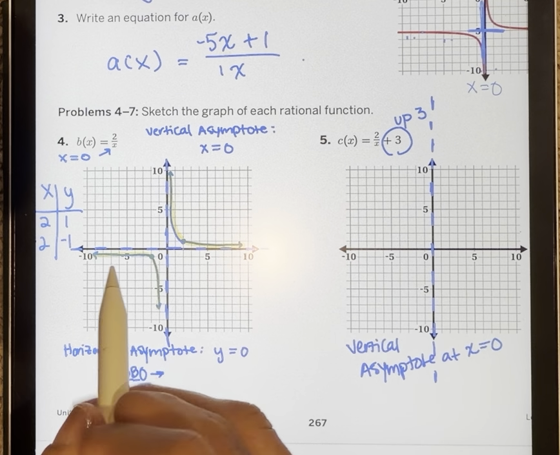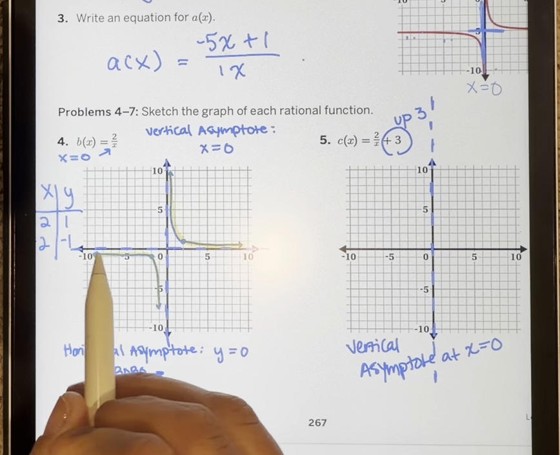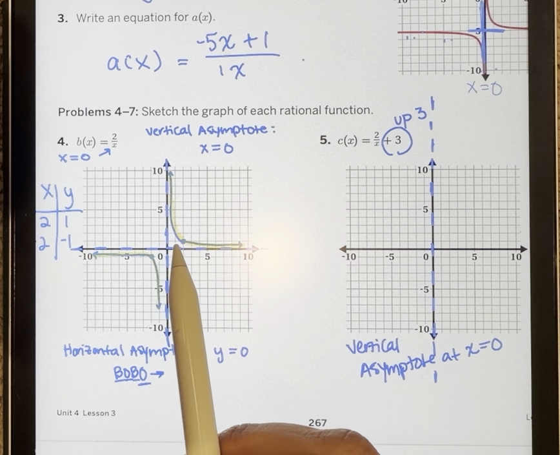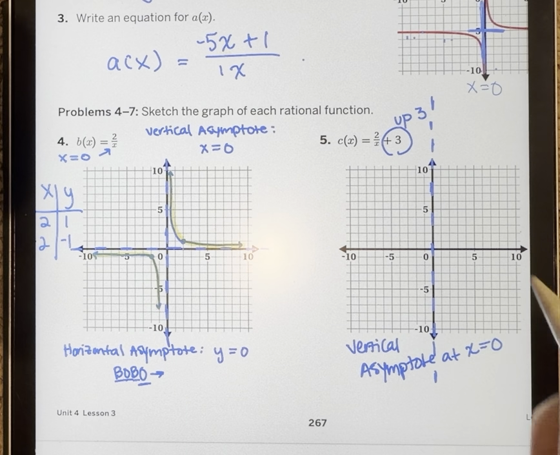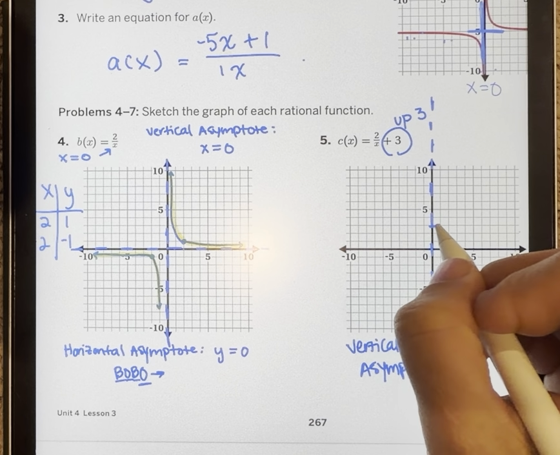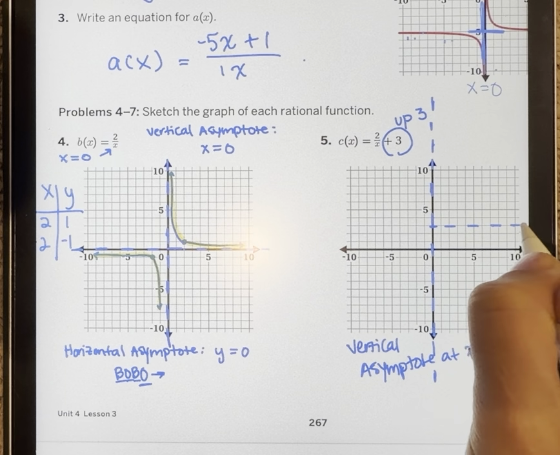Now, I did have a horizontal asymptote right here at 0, y equals 0. And if my function moves up 3, this asymptote's coming with it. So the horizontal asymptote will go 1, 2, 3 up and end up right there.